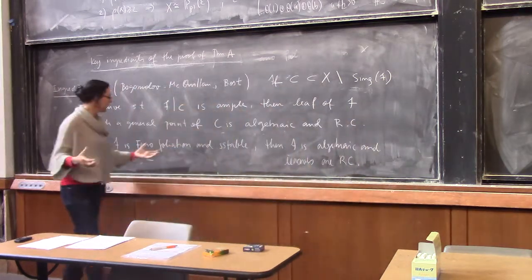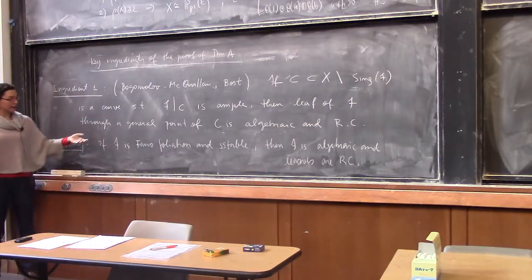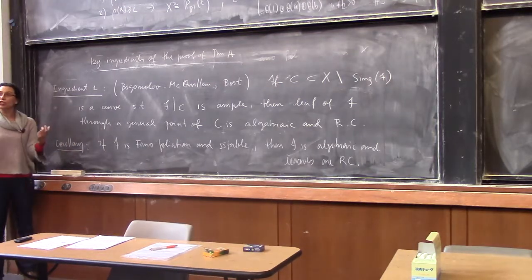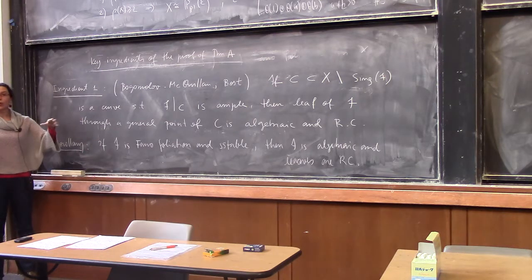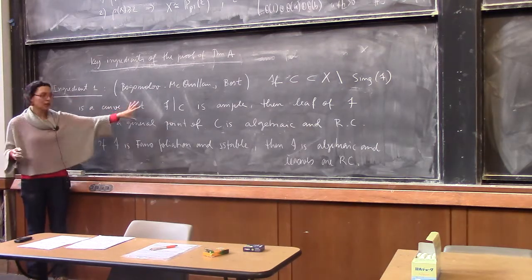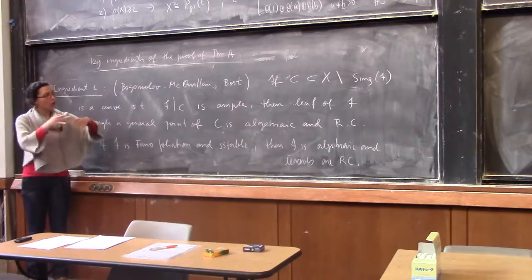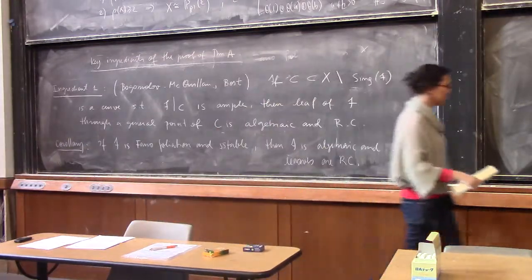And why is that? Because here we use the Mehta-Ramanathan theorem that says that if F is semi-stable, then the restriction to a very general complete intersection curve is also semi-stable. But because F is Fano, it has positive degree. So in particular, this is a theorem of Hartshorne, this is an ample vector bundle. So in this case, we know that all the leaves are algebraic and rationally connected.